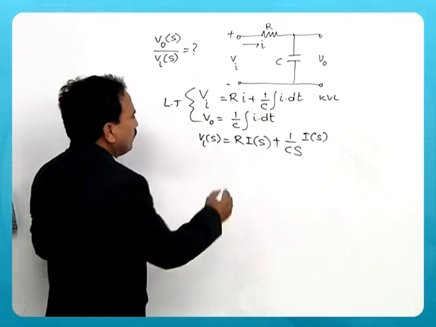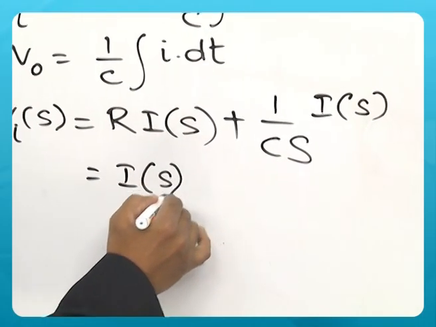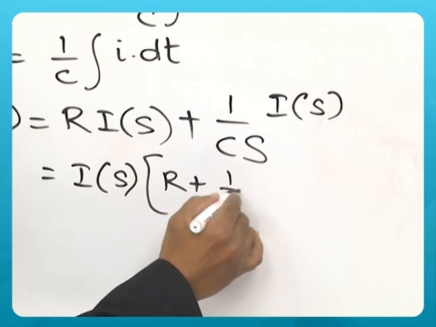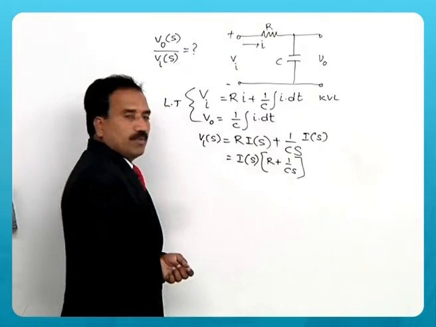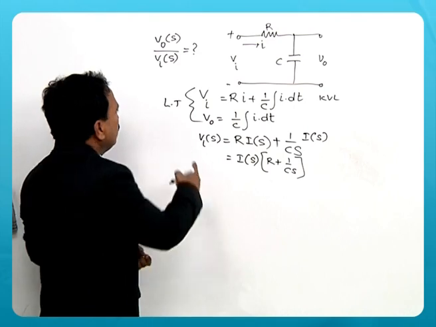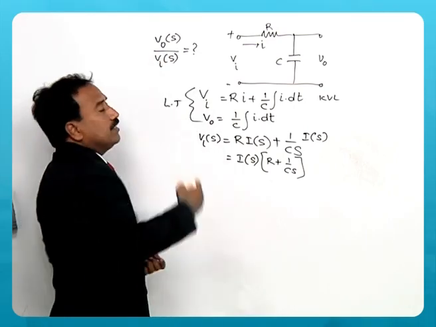You can see now this can be written as I of s common, R plus 1 by Cs. One equation you got, Vi of s.